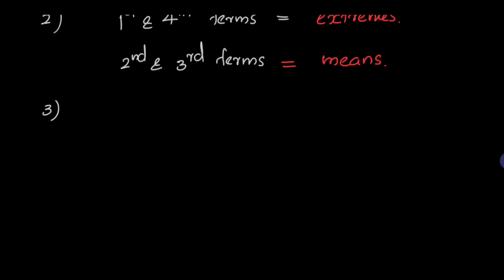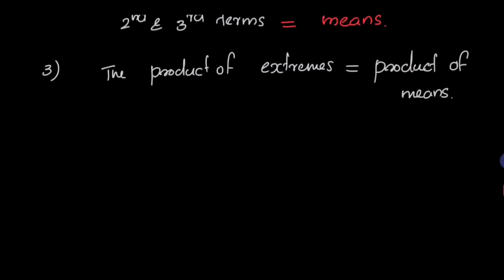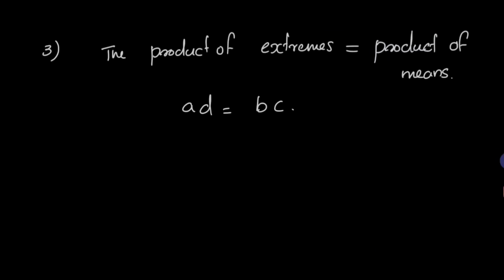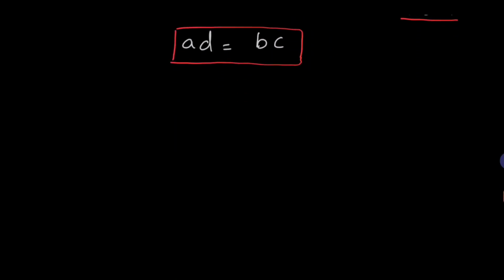And the third condition is that the product of extremes is equal to the product of means, that is AD equals BC.